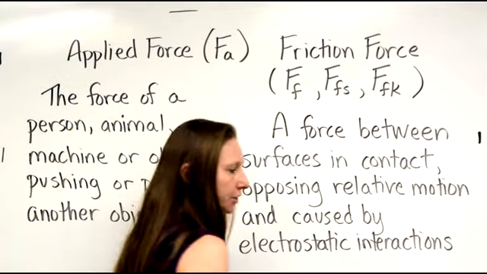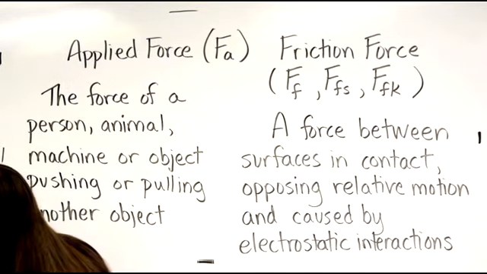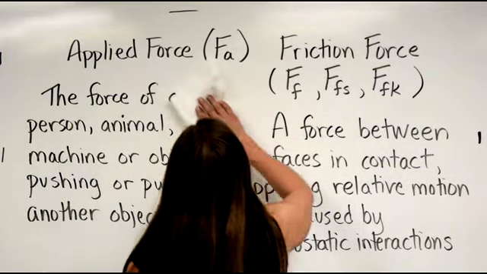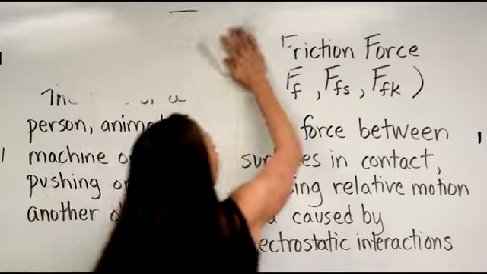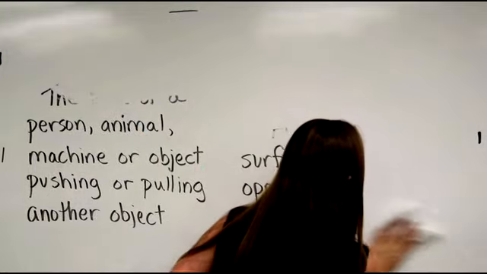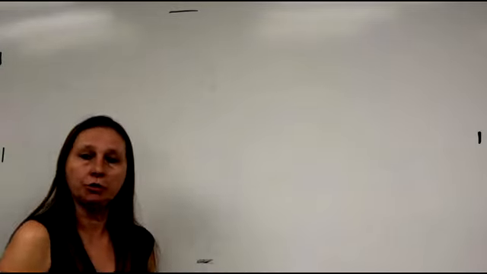All right, so let's look at this in just a little more detail with a nice, simple, real-world example of the applied force and the friction force in action. I'm going to take the same surface that we used in the previous example.